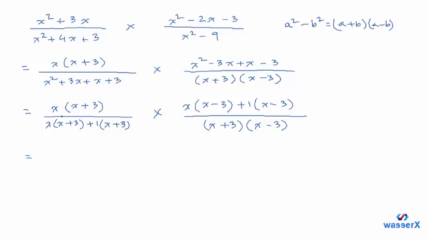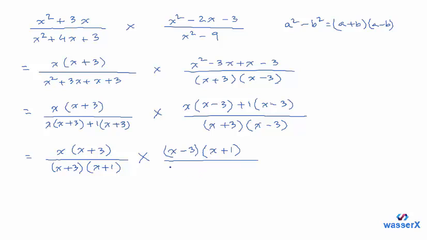And this is going to be equal to x times x plus 3 over, factorize this, means take this common factor out, x plus 3 times x plus 1, to be multiplied with, common factor is x minus 3, take it out, times x plus 1 over x plus 3 times x minus 3.